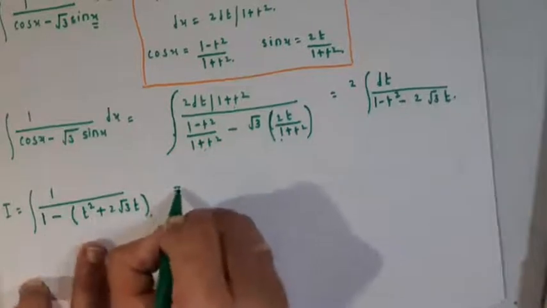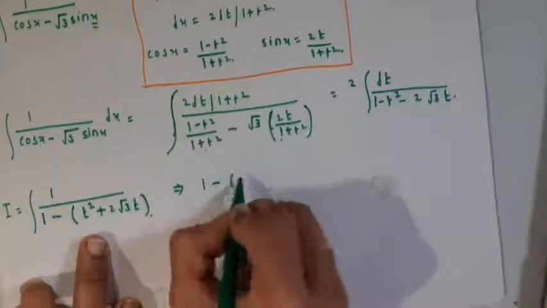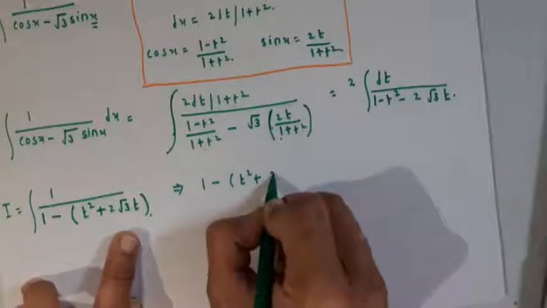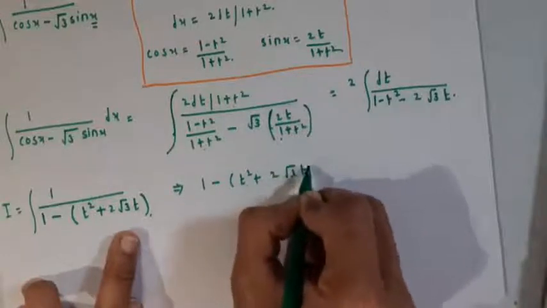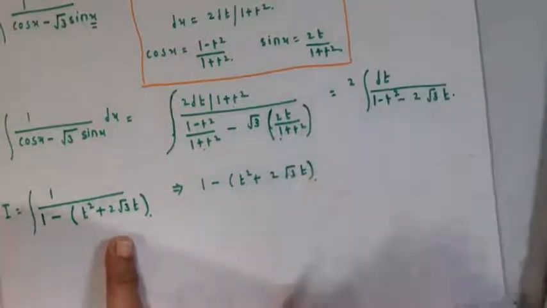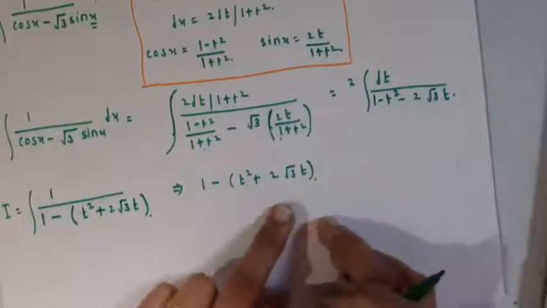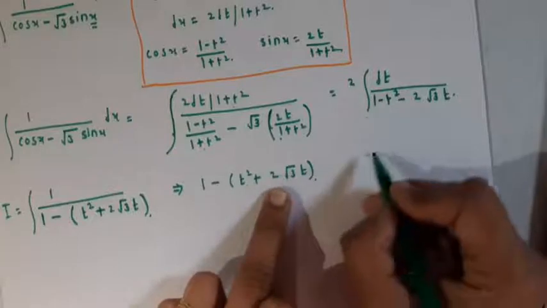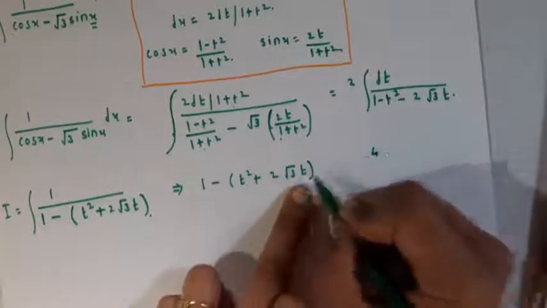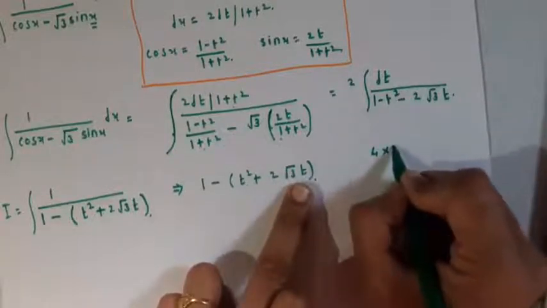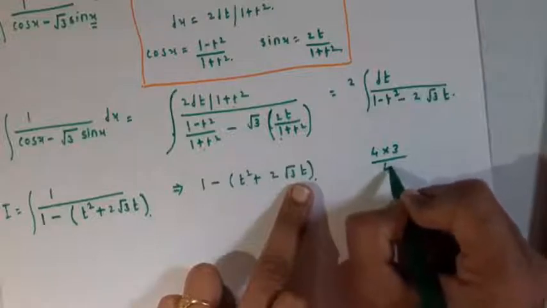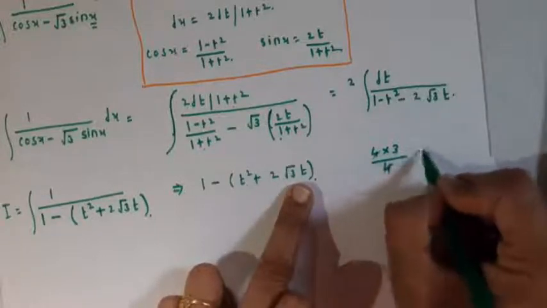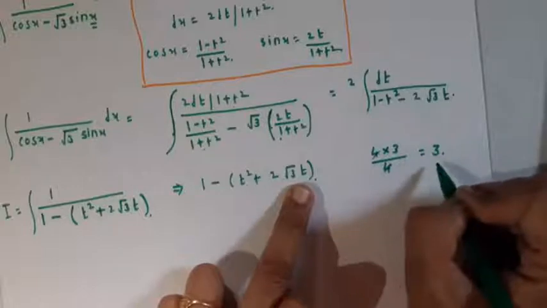Now we have 1 minus t square plus 2 root 3t. So what is our formula? That is b by a whole square upon 4. The square of 2 is 4, the square of root 3 is 3 upon 4. So 4 gets cancelled, and we have to adjust the term 3.